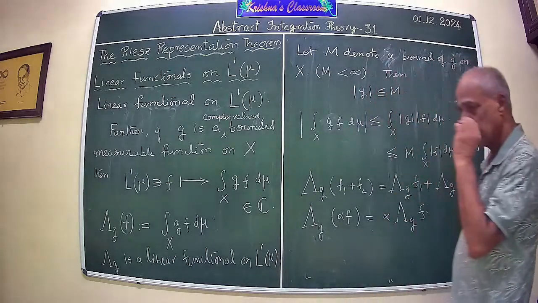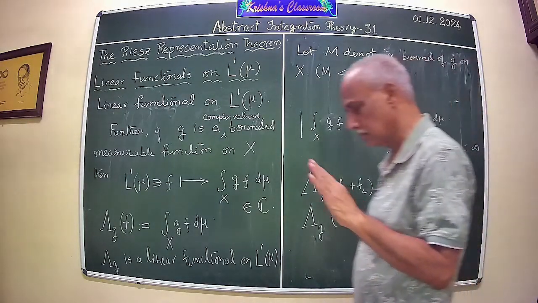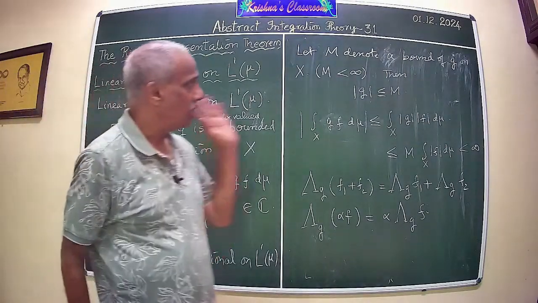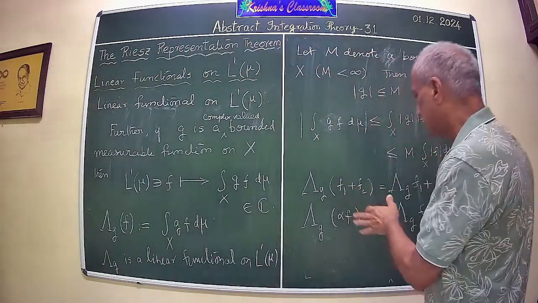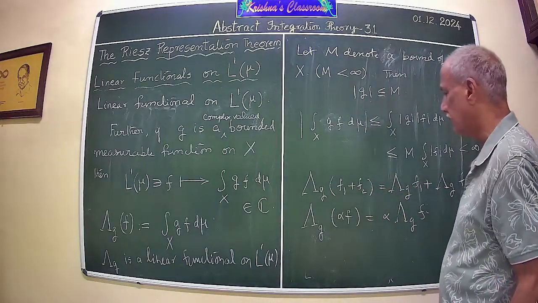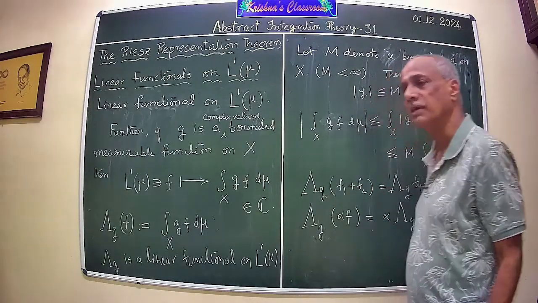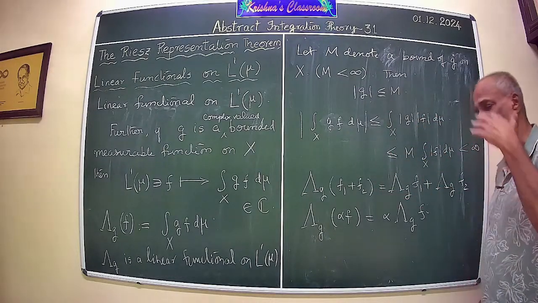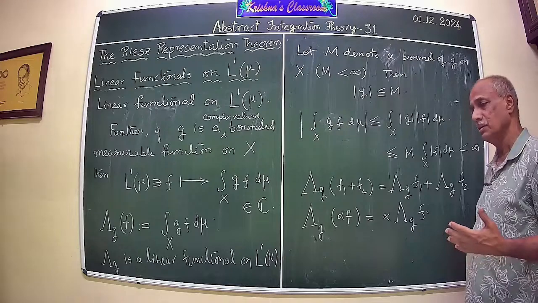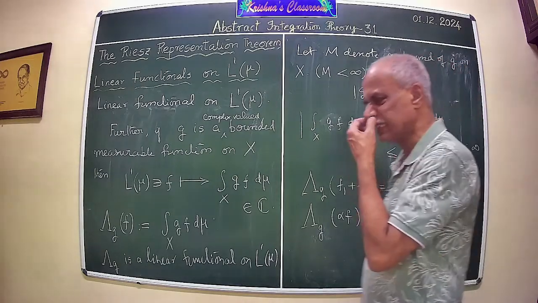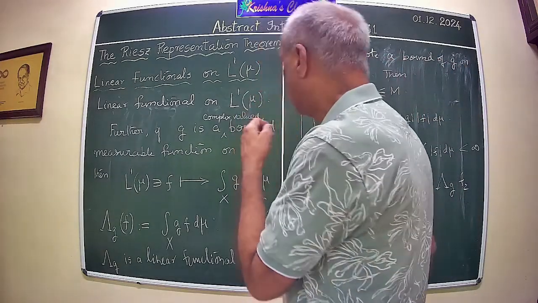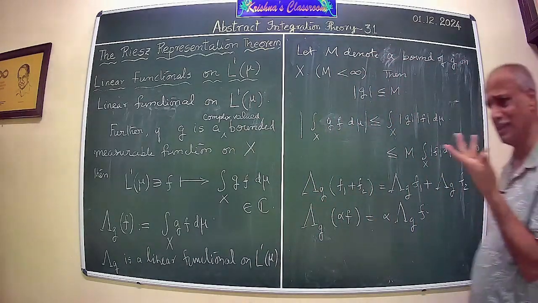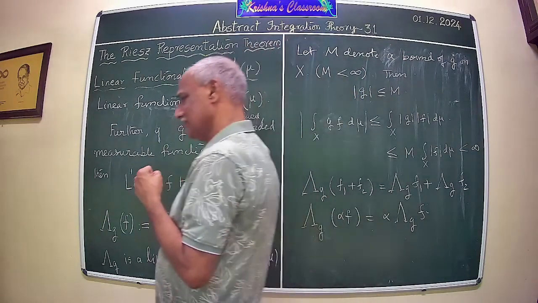Therefore for any bounded complex valued measurable function on x, lambda G is linear. So every complex valued bounded function defined on x induces a linear functional on L1. This is the outcome then.